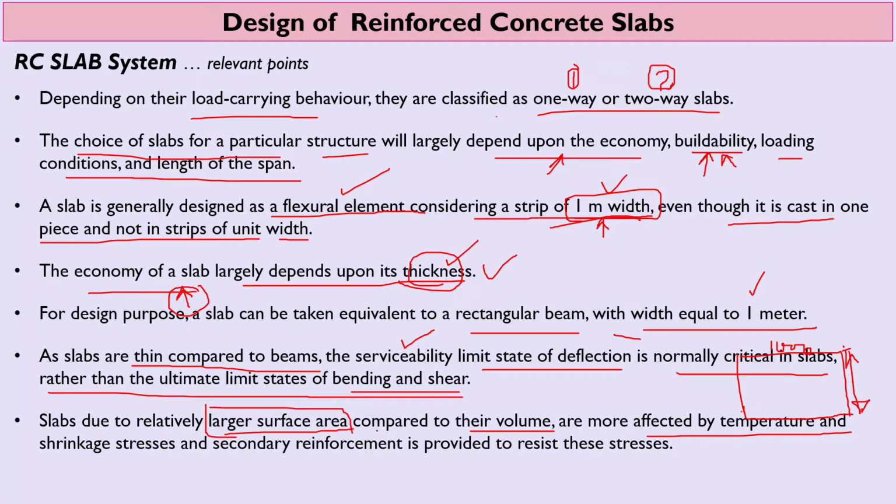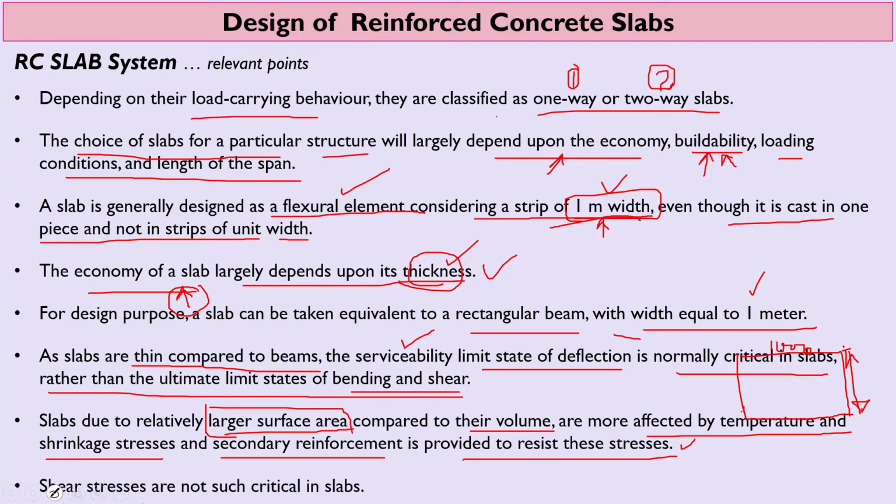If the surface area is more, then definitely the temperature effect will be more, and ultimately it will develop shrinkage stresses, and secondary reinforcement is required to resist these stresses. Later on we will discuss the meaning of this secondary reinforcement. Shear stresses are not so critical in the case of slabs, but in beams they are more critical.